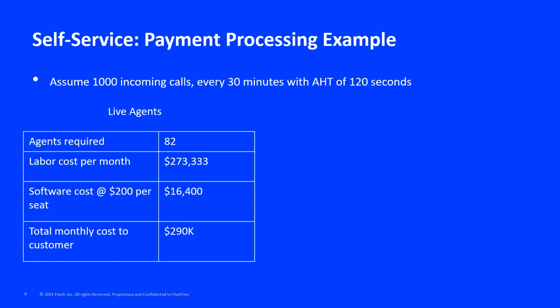So in an organization using live agents, where we have, in this example, 82 live agents, the breakdown is really a key critical element of the total cost of the solution. Of course, it is paying for the labor for those agents sitting in the seats and answering those calls. There are inherently software costs associated to each of the agents as well, and the total monthly cost to the customer in this example works out to $290,000 a month.